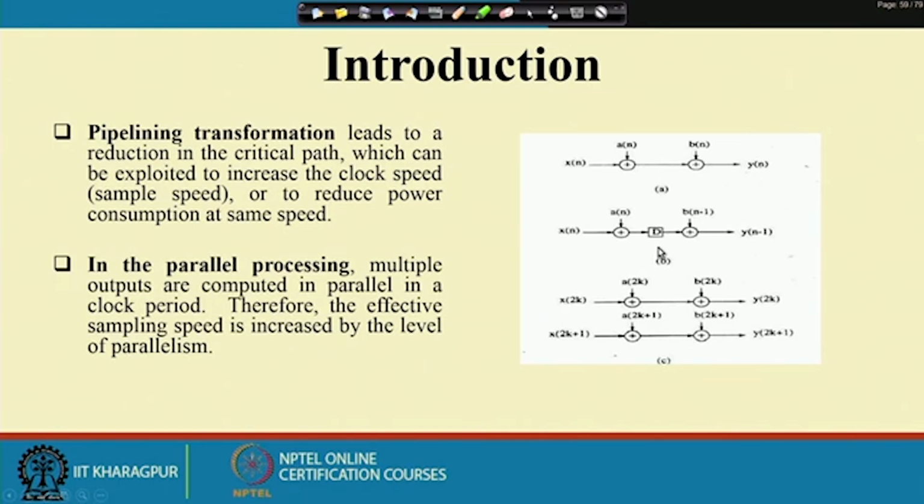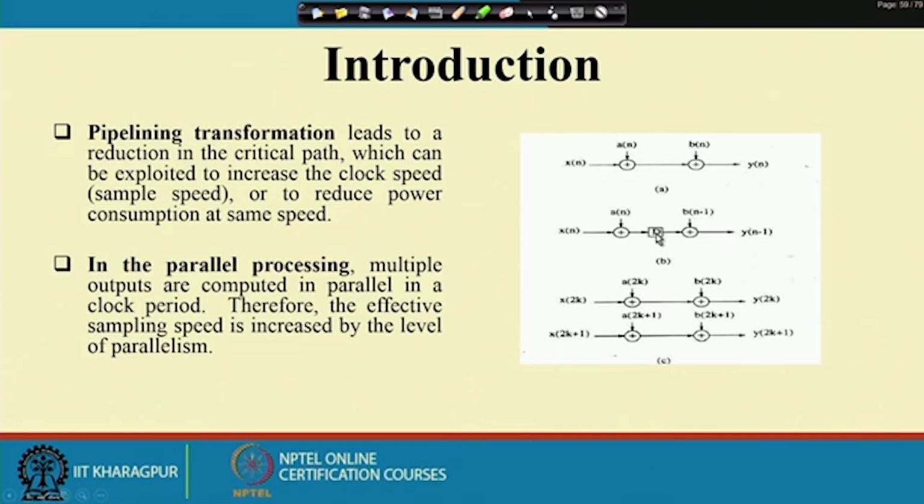Technically it is not exactly 1 nanosecond, because the clock to Q delay of the register will also be associated with this, and I have to consider that delay. But compared to the adder, the delay of the register is very nominal, so we can ignore it.